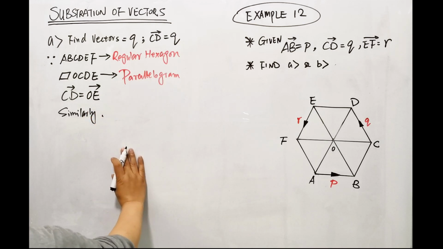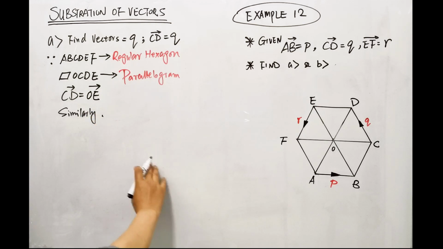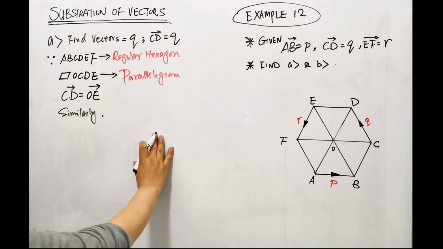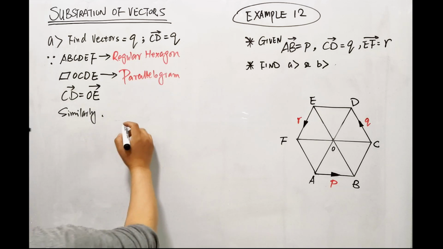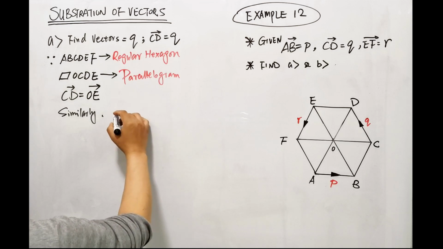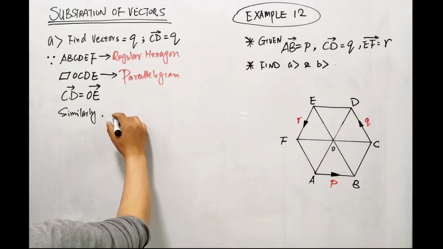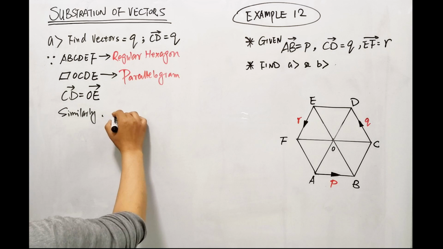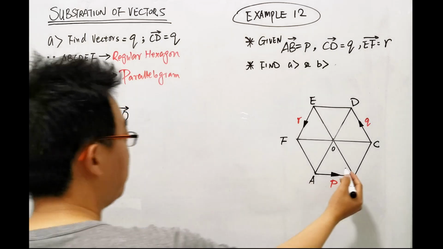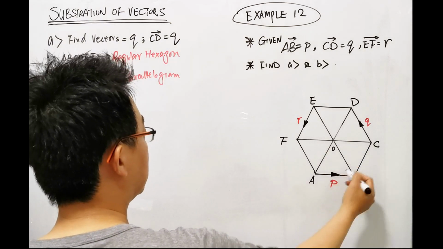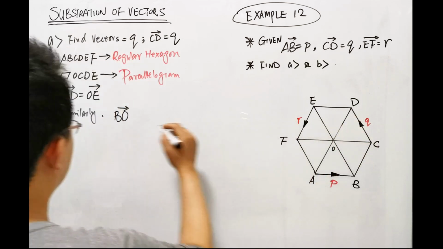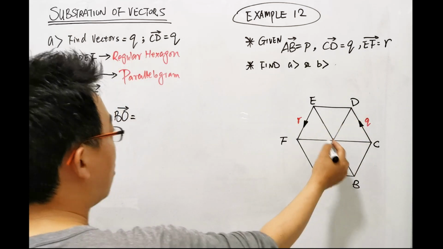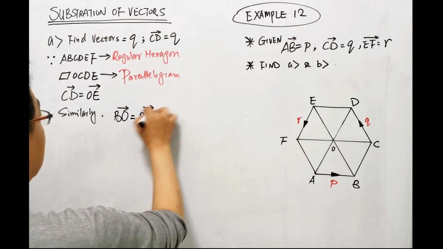What else vectors also equal Q? We can find that BO is also parallel to CD. They also have the same magnitudes, so BO also equals CD.